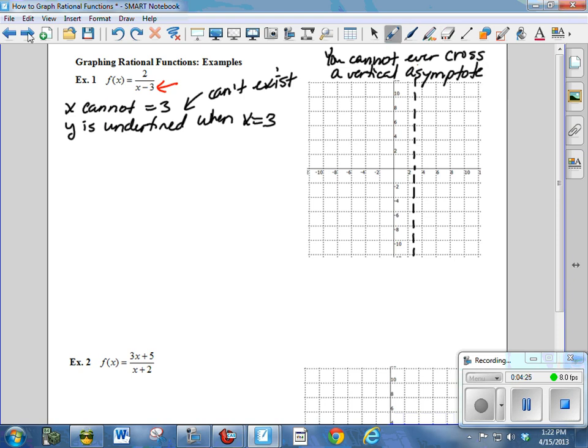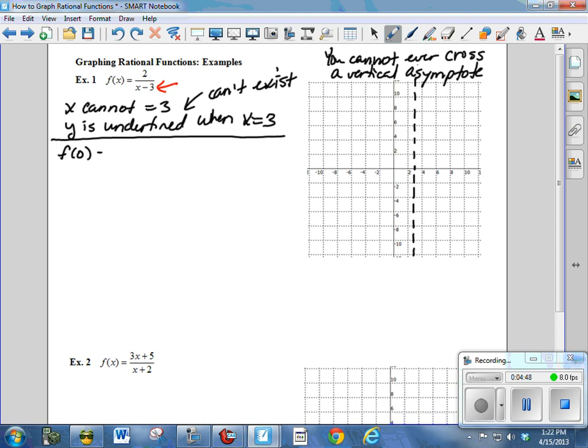Okay. Now, secondly, what are some other key points that we can see by looking at just this function? So one thing to think about is x and y intercepts. What happens when x equals 0? What happens to y? What value of x makes y equal to 0? So let's think about f of 0.